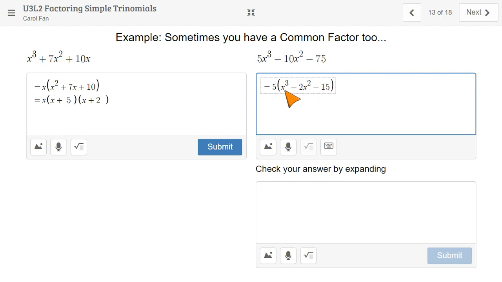Now, since this is not a quadratic, meaning this is not an x squared, it's not possible for me to factor any further. I've done as much as I can. So this is all I can do. Once again, you can always check your answer by multiplying it out to expand.